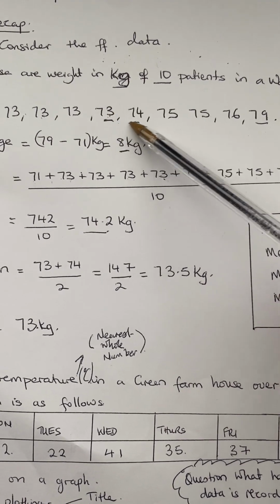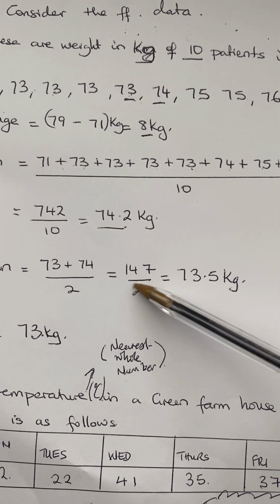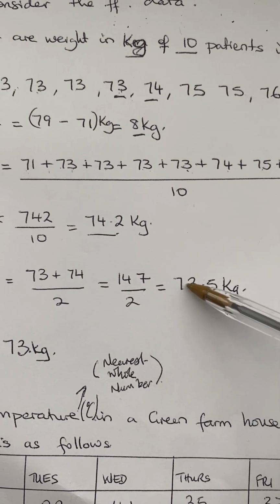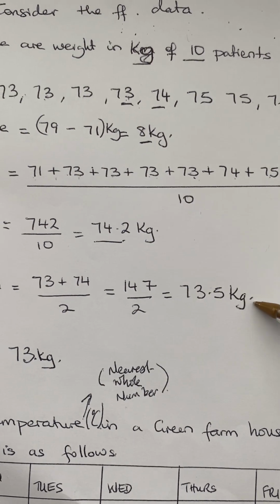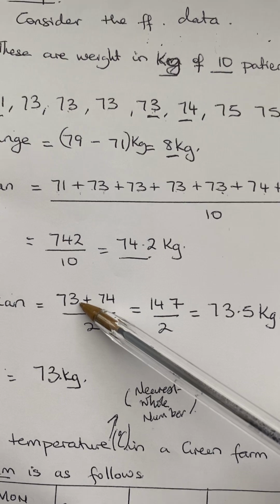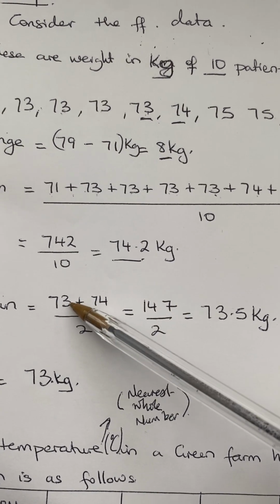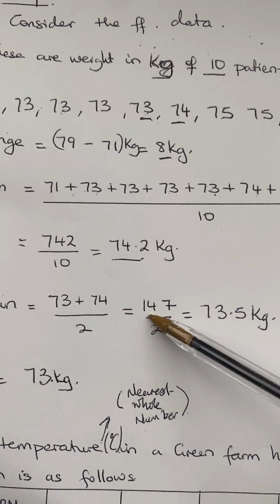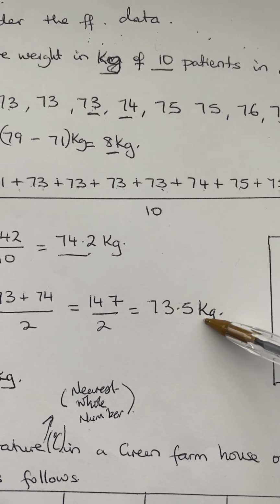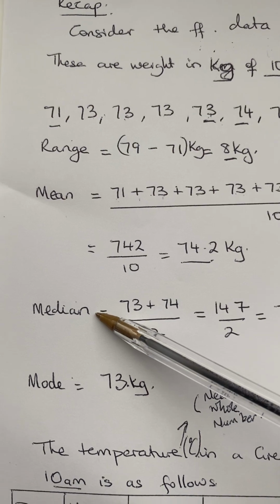So we add them together and divide by 2. If you add them together and divide by 2, you get 73.5 kilograms. You can quickly do this without a calculator. 3 add 4 is 7. 7 add 7 is 14. So when you divide by 2, it's 73.5 kilograms. So straight away you've got your median.